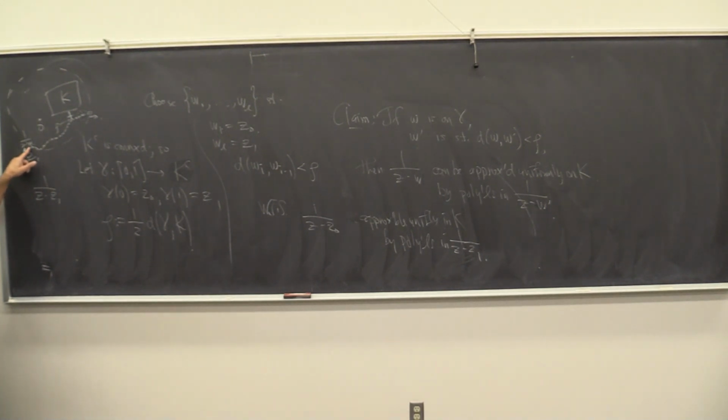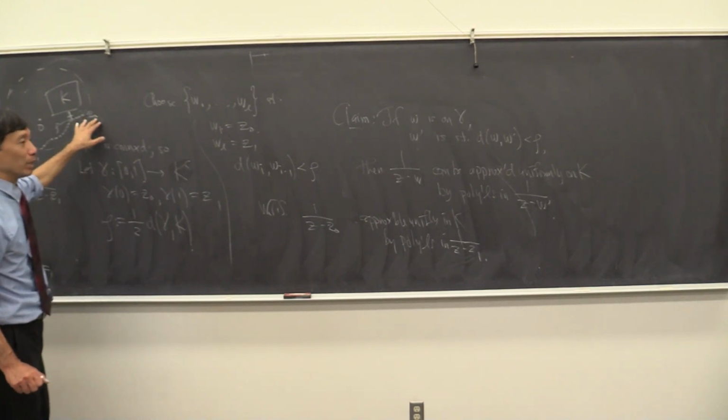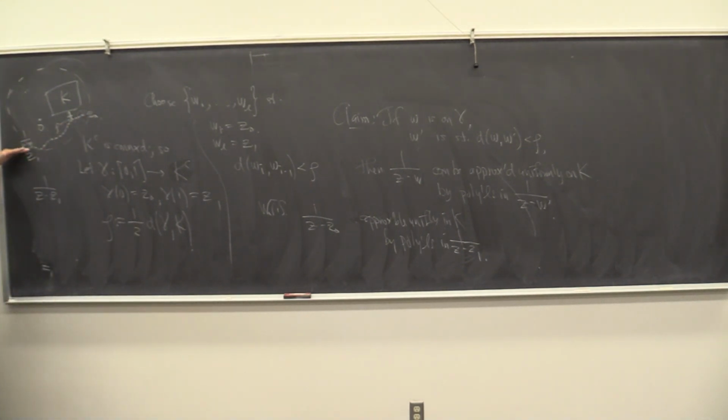And so we can keep on going and push our way all the way back to Z naught. If we go through everything, we get that these guys can be approximated by polynomials in 1 over Z minus Z1.